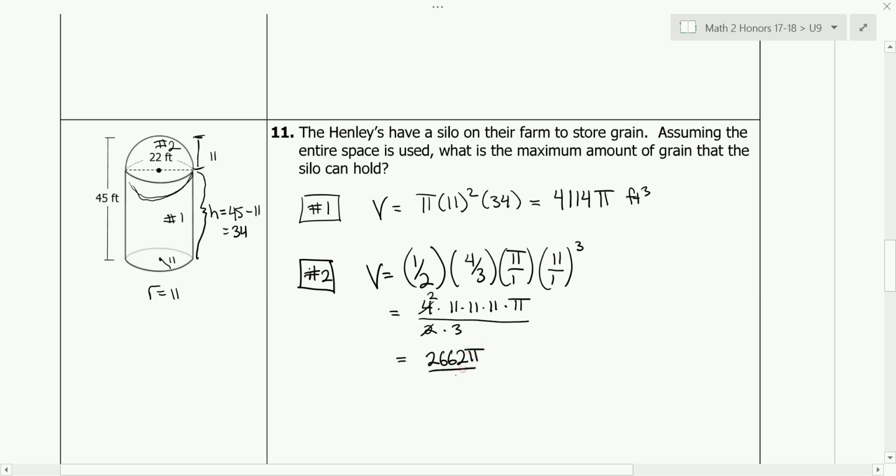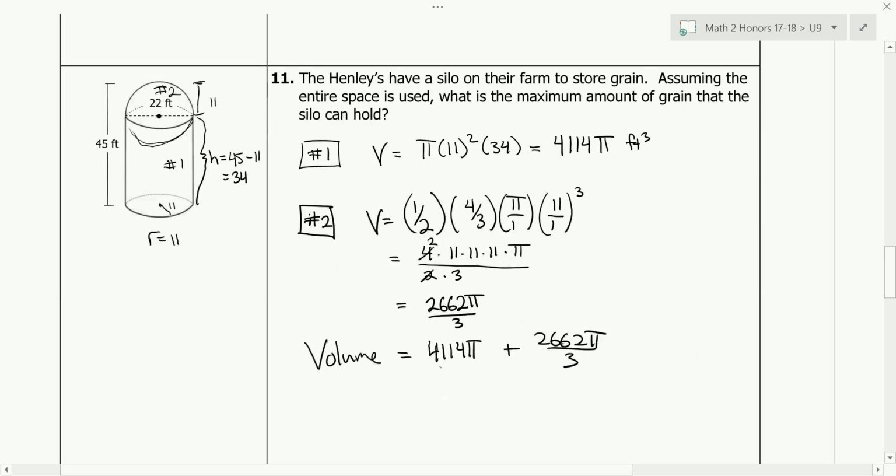All over 3, right? And so our total volume now is the sum of those two volumes. So we have 4114 pi plus 2662 pi over 3. And if I want to add those together, I need a common denominator. So this is over 1.